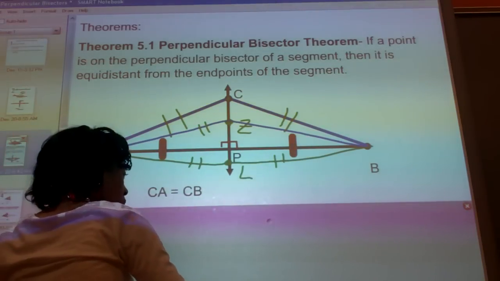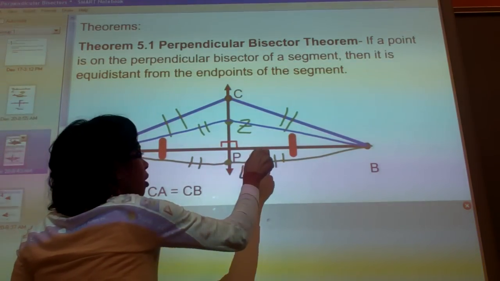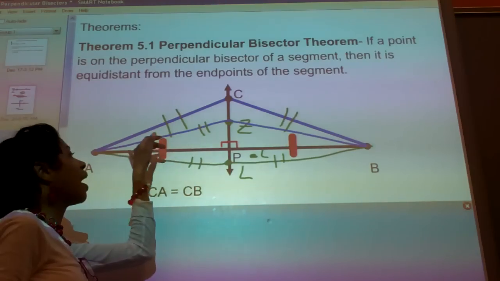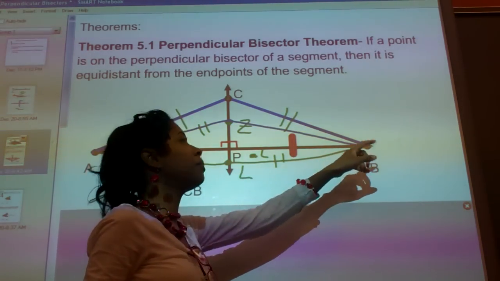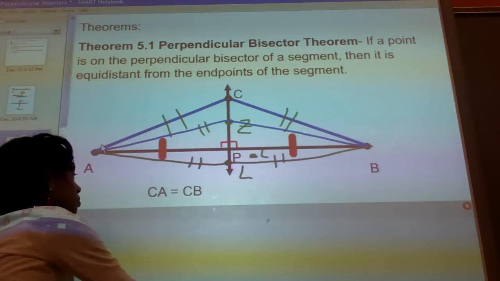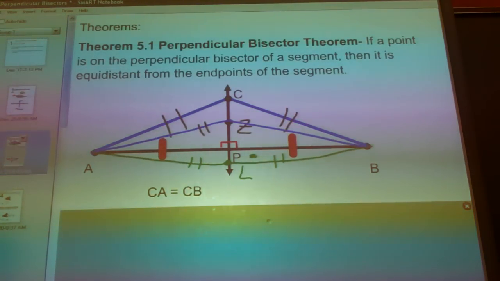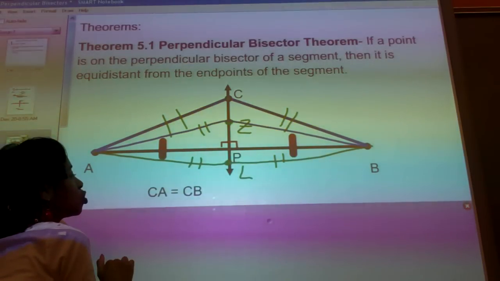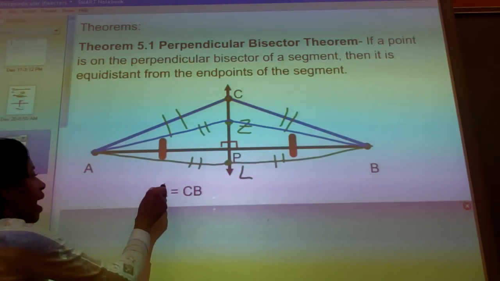Now if point L is laid over here, and I connect it over to A and then to B, LA would not be congruent to LB because point L would not be on the perpendicular bisector. Okay, and as I already stated, CA is equal to CB, and notice there's no hat.